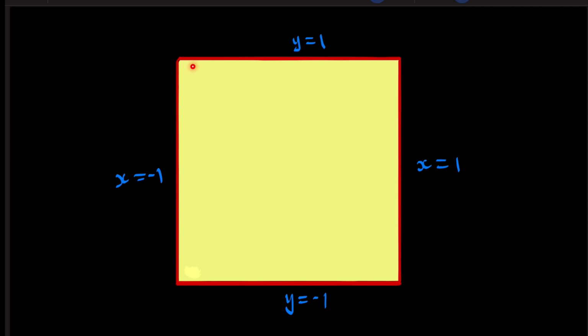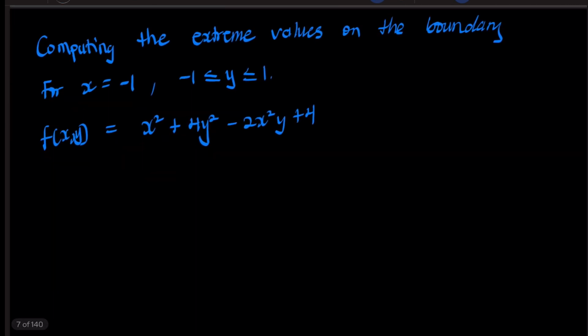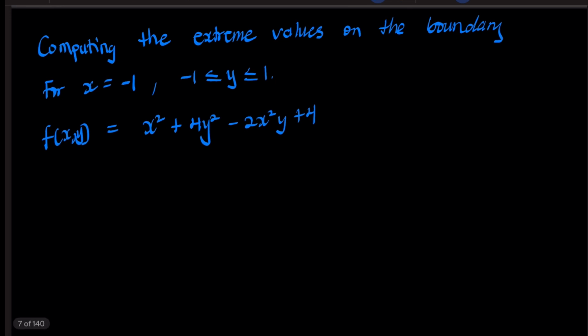Do the same for the left boundary. So when x is equal to -1, the y values will lie in between 1 and -1. So we are going to substitute x is equal to -1 into the given function.